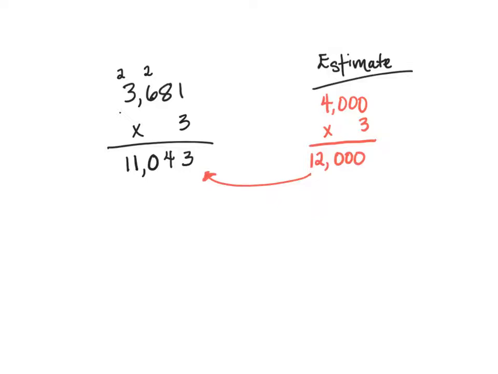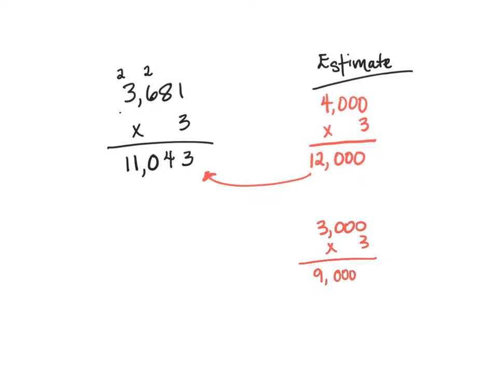Why does that look far, fourth graders? You're going to have to kind of think about that in your head. Essentially, we're saying we're missing 300 groups of 3, or 3 groups of 300. So another way I can look at this is I can pull out my 3,000. I'm going to do a quick multiplication, and I know that's 9,000, and then I'm going to pull out my 681.